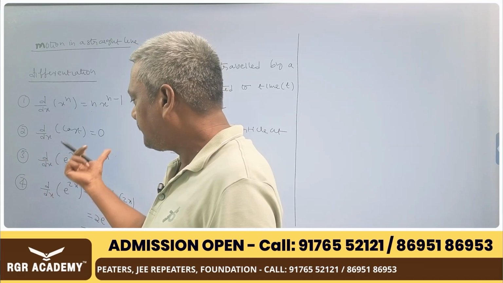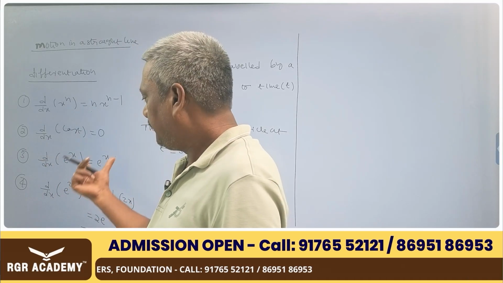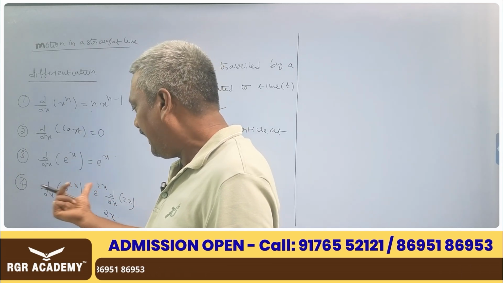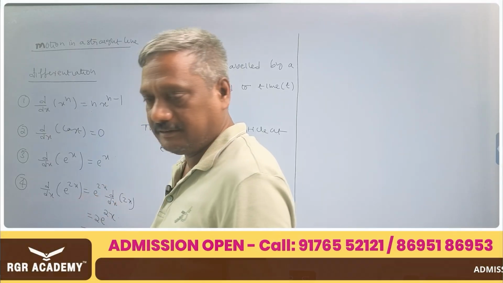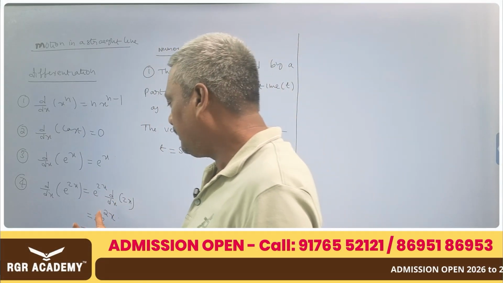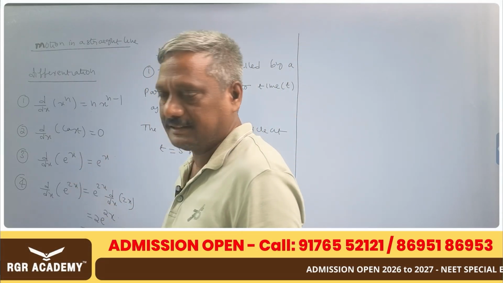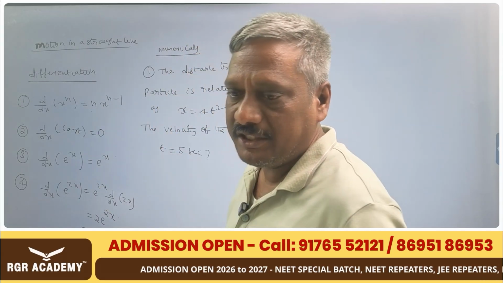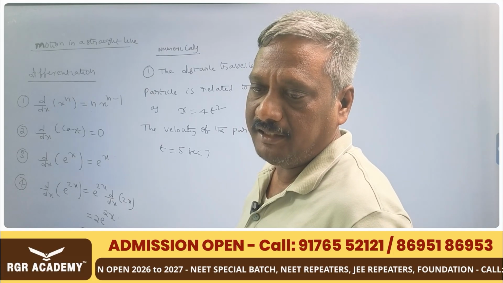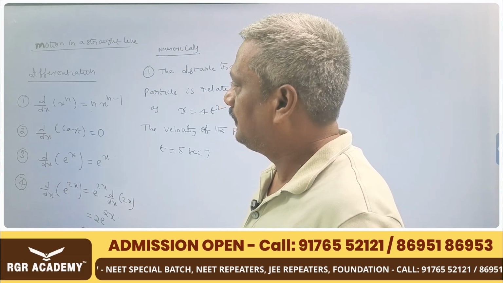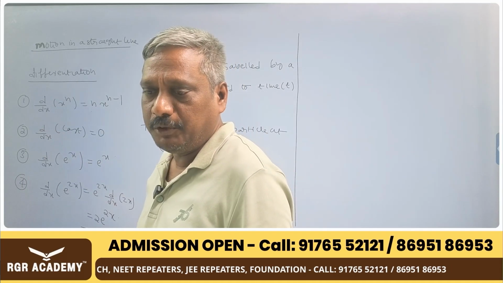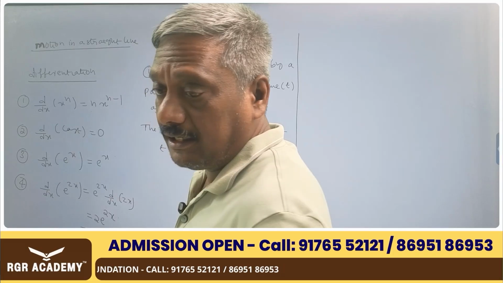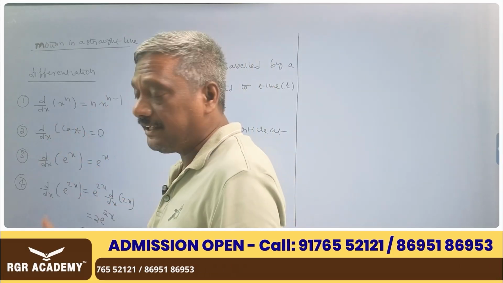We have already studied one formula: d by dx of e power x is e power x. Again we have to differentiate 2x. That means you got 2 into e power 2x. Some mathematical formulas are important in motion in a straight line while solving NEET problems. We will discuss some numericals related to motion in a straight line based on the concept of differentiation.